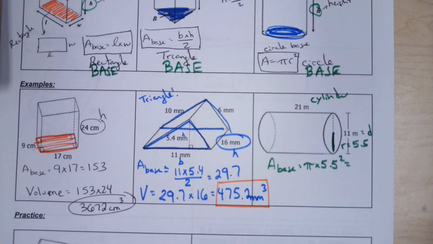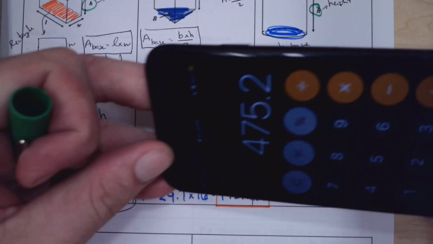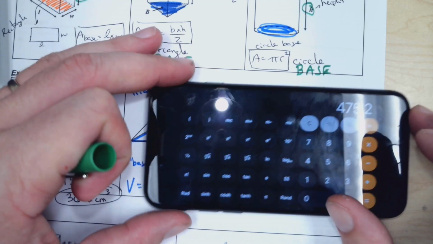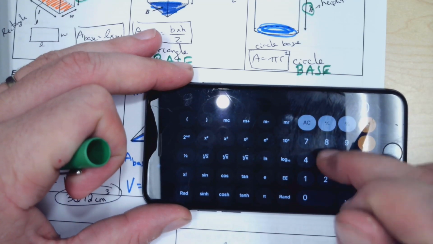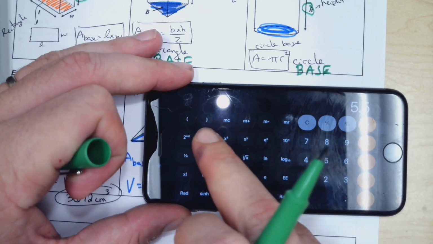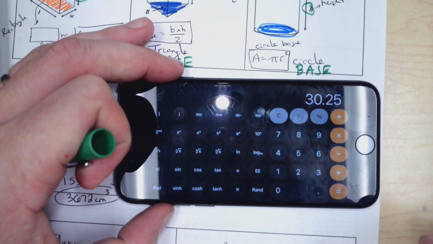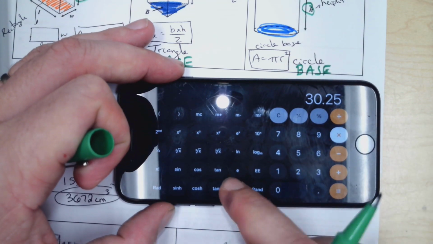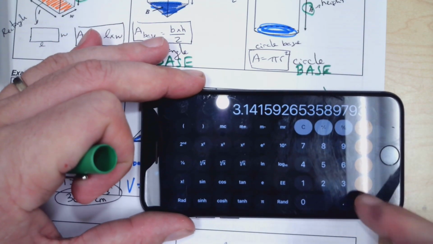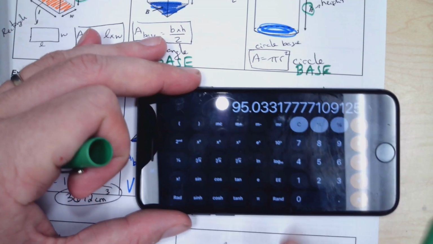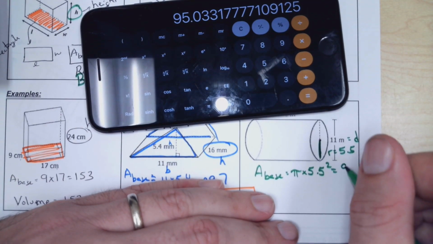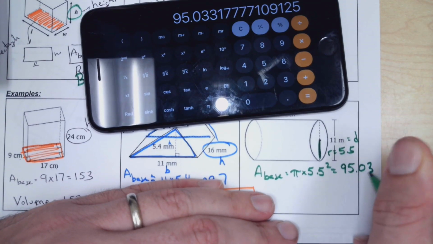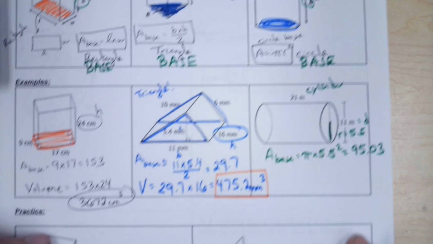Alright. So if I take my phone, I'm going to do 5.5 squared, which gives me 30.25, and then I'm going to multiply that by pi. And that's going to give me 95.03. Okay.